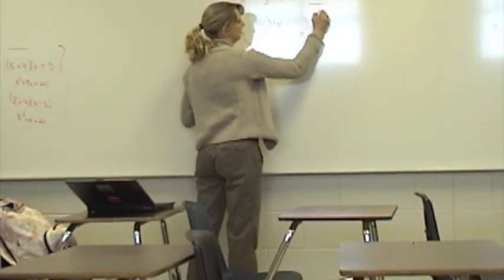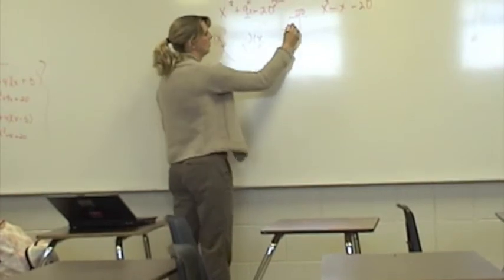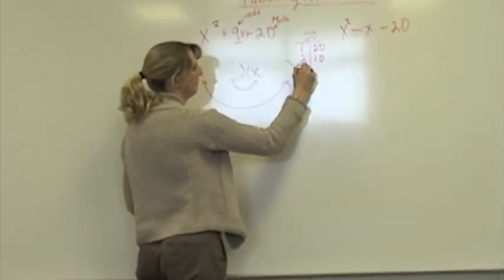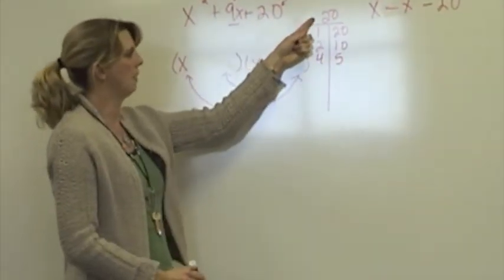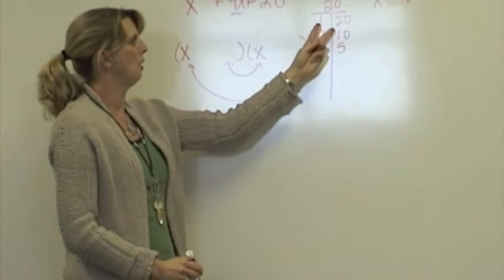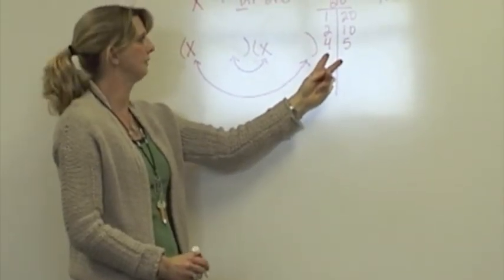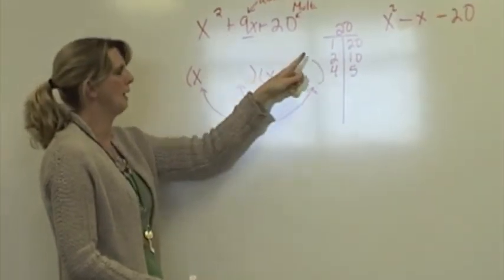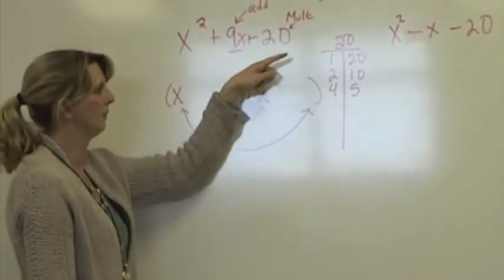Let's make a chart. The factors that multiply to be 20 are 1 and 20, 2 and 10, 4 and 5. Considering our 20 as a positive number, we know both of our factors have to be both positive or both negative. In this case, we need them both to be positive so that when I add a positive plus a positive, I get positive 9.